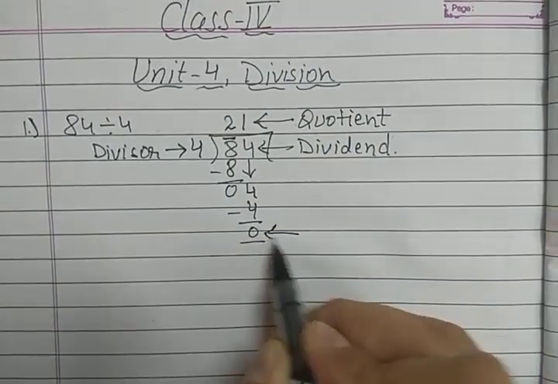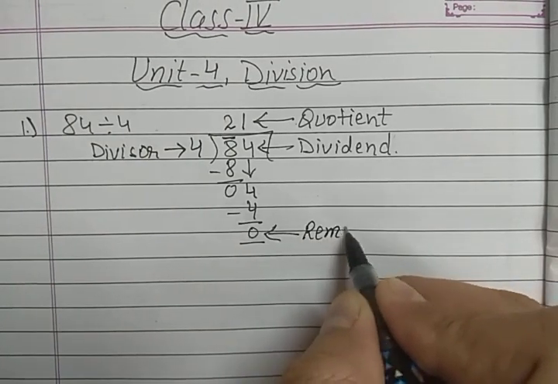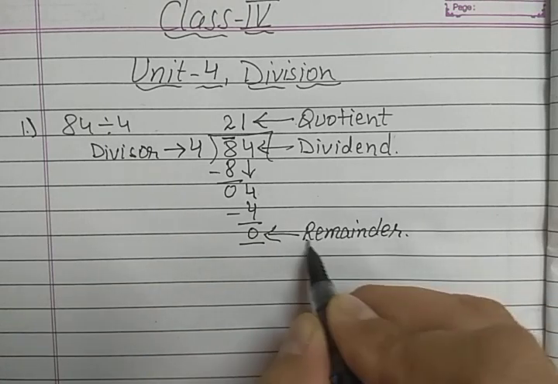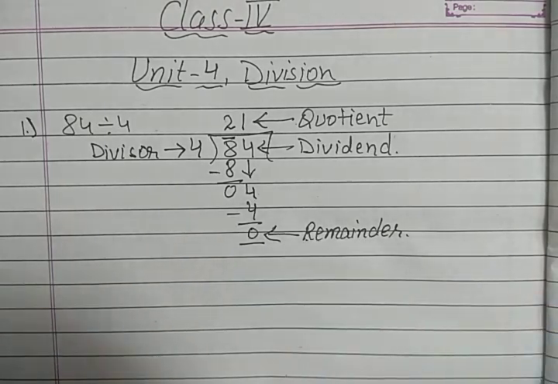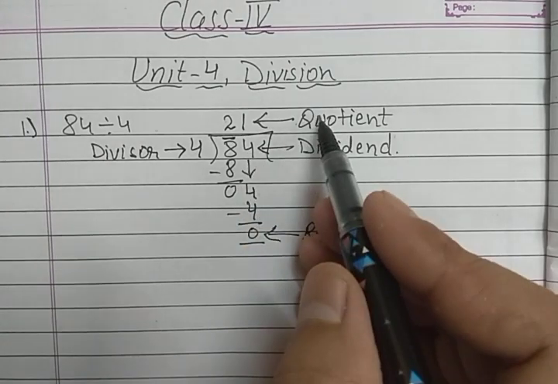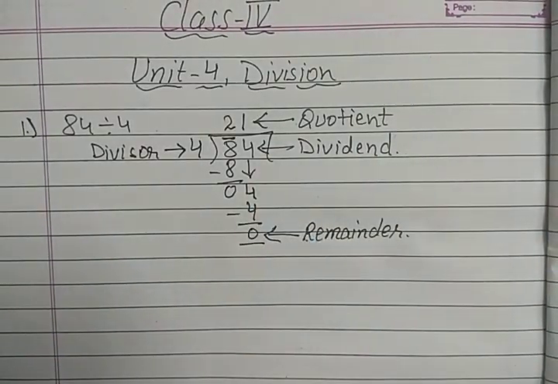And what is left at last is our remainder. Remainder, बचा हुआ, remainder. Divisor, dividend, quotient and remainder. This we have already learnt in class 3rd.